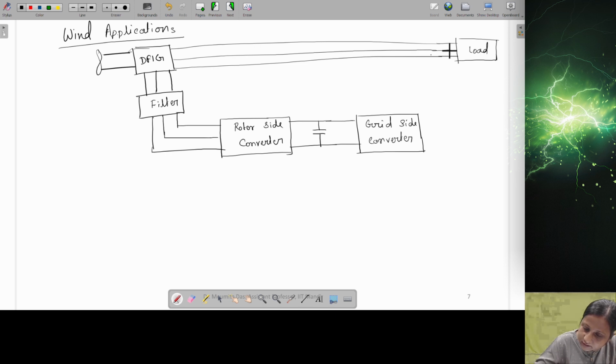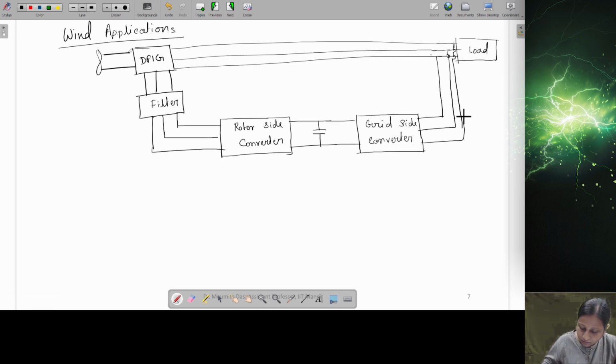I have taken this configuration from literature and listed it in the references, so you can go through it in detail if you are interested in this kind of application. The filter part will also come.